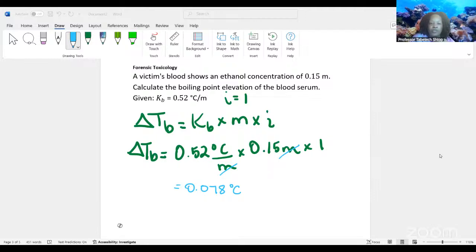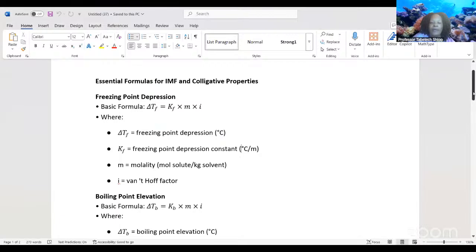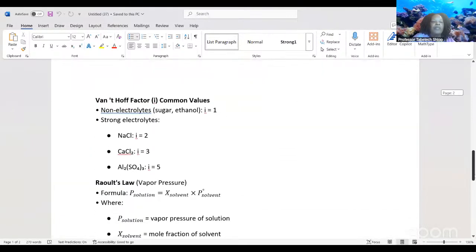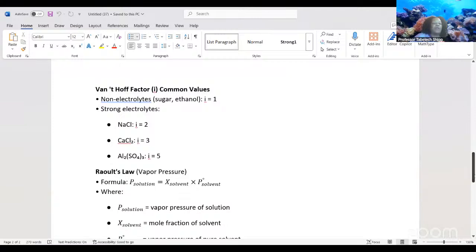Okay, yes. So right here, these are some common values that you need to know, okay?